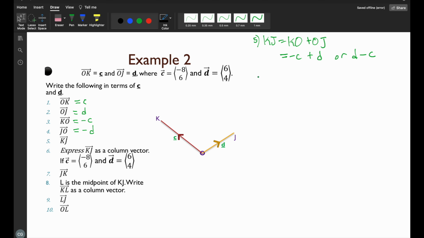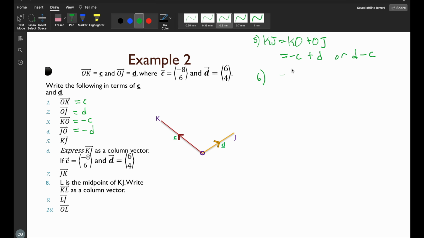Now for 6, they want us to express KJ as a column vector. That means we take the information we had there and use the coordinates, or the column vector, to get what we need. So KJ is minus C plus D. All I need to do is replace C with minus C, whatever C is, which is negative 8, 6, and D with 6, 4.